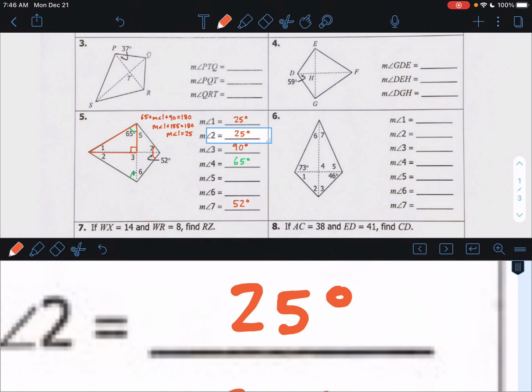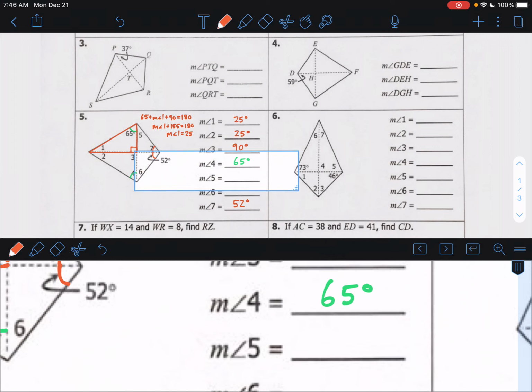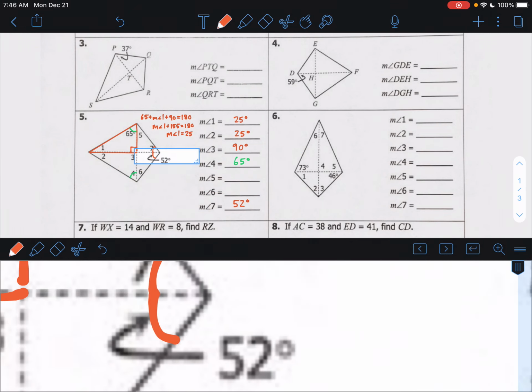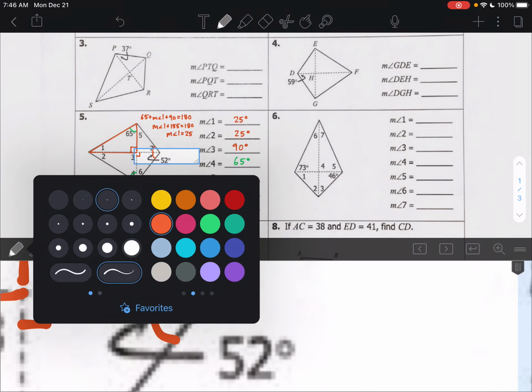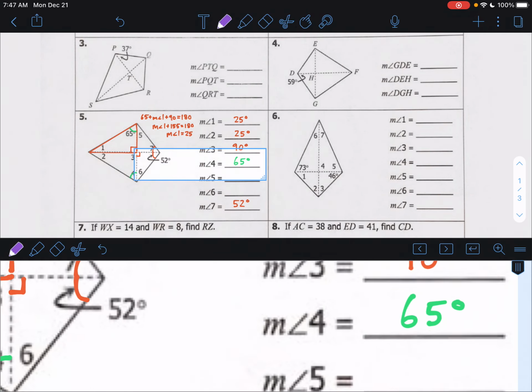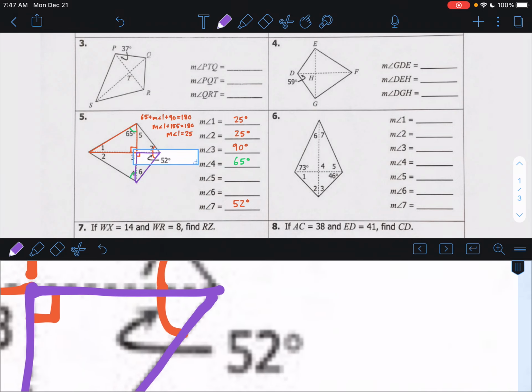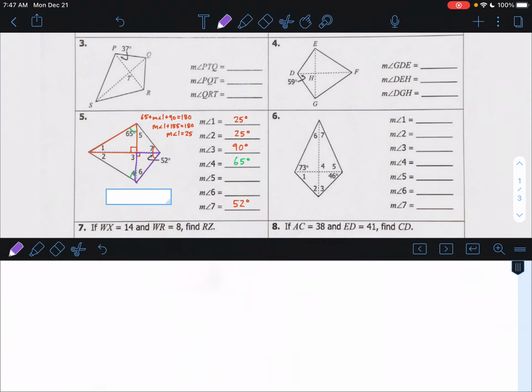I'm going to be using the same property to determine the measure of this angle 6. So, I'm looking at this right triangle here now. And it has that 52, it has a 90-degree angle, and it has that measure of angle 6.